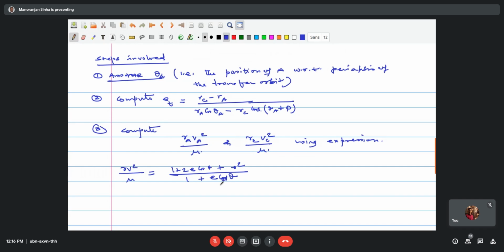RV square by mu equal to 1 plus 2E cos theta plus E square divided by 1 plus E cos theta, where theta is the true anomaly. So from the assumed periapsis, this theta will be measured.